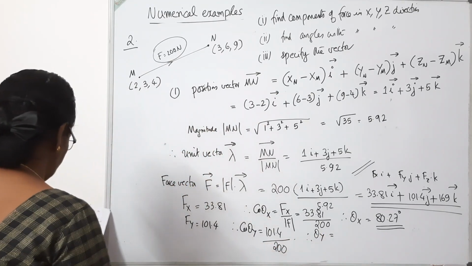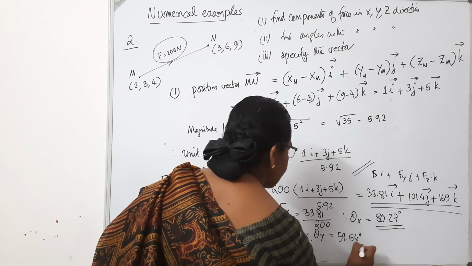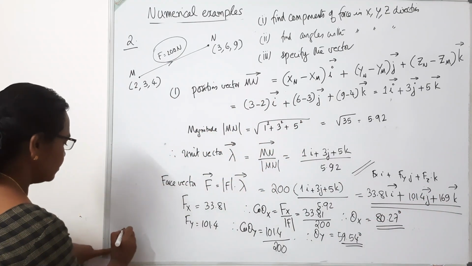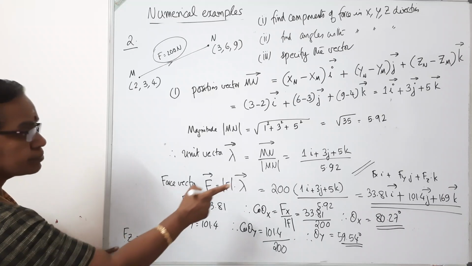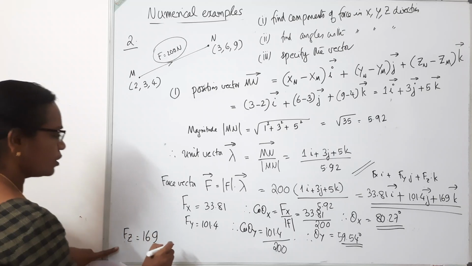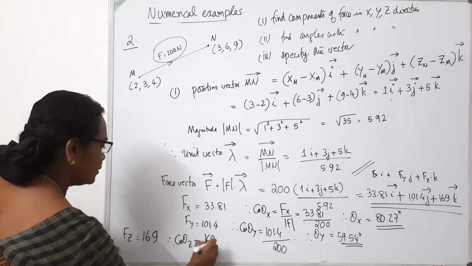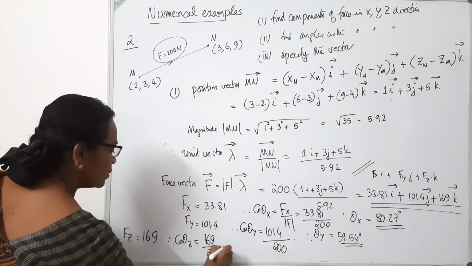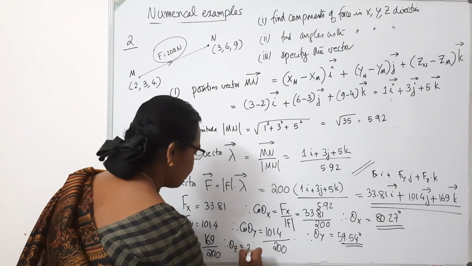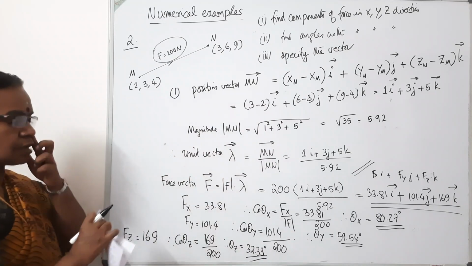You get theta y is equal to 59.54. And comparing the third one, Fz is equal to 169. So the x, y, z components we have got. Therefore, cos theta z is equal to Fz divided by F. Therefore, we will get theta z as 32.33 degrees.